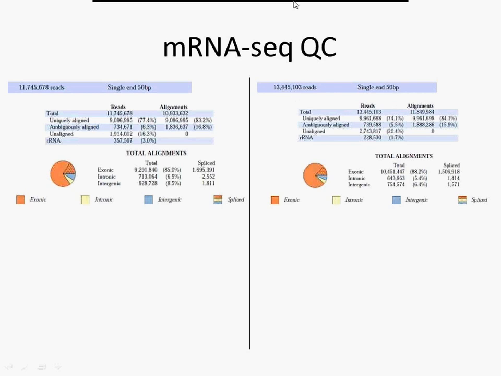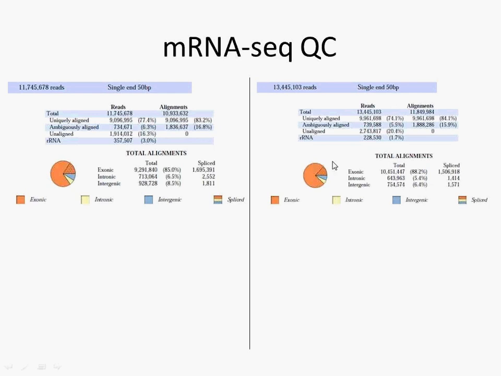These are both mRNA-seq experiments conducted in single read 50 fashion, and you see at the level of the alignments that the number of strands that align to exons, spliced exons, introns, spliced introns, and intergenic regions is very much the same: 85, 6.5, and 8.5 in one case, 88, 5.4, and 6.4 in the other.